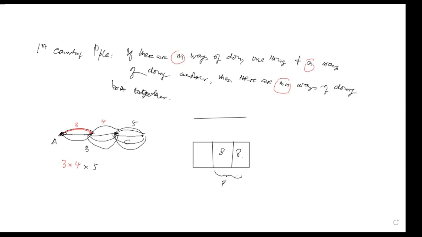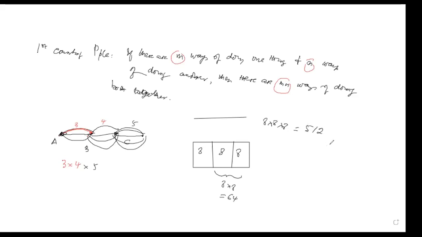So there are 8 times 8 equals 64 ways in which I can choose the first 2 digits. And for each of these 64, I have 8 ways in which I can choose the hundreds digit. So the answer is 8 times 8 times 8, just like we got 3 times 4 times 5, and that is 512.